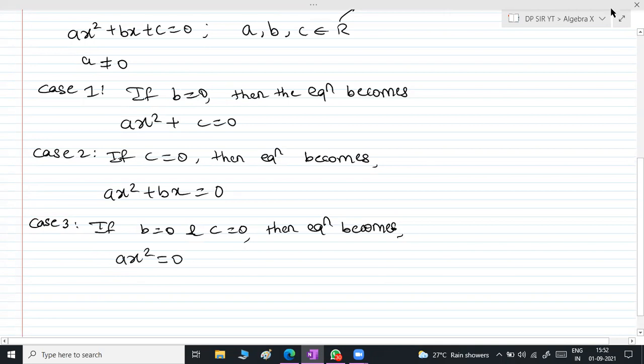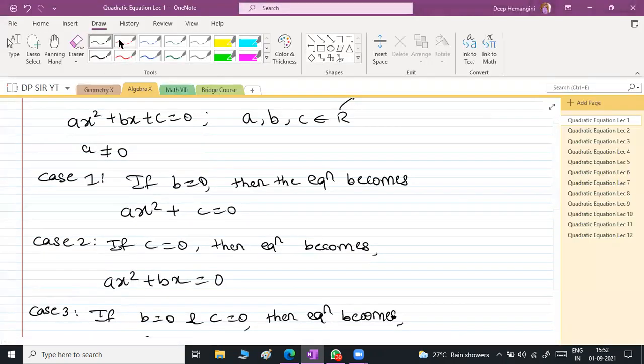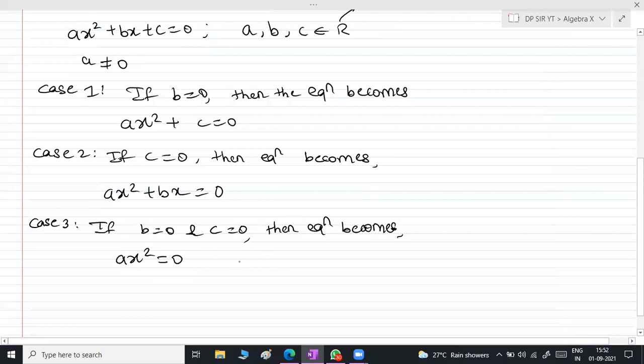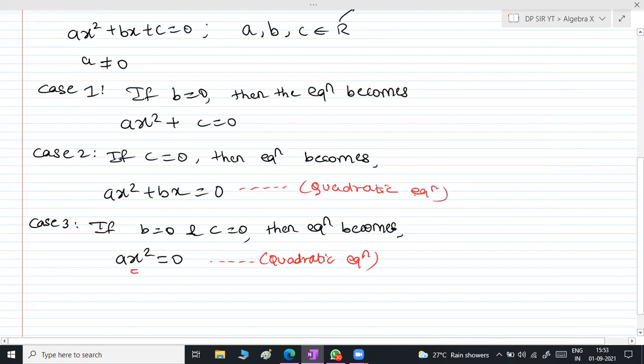Now if you look here carefully, if you pay attention, this is going to be a quadratic equation, since it is having only one variable, that is x, and degree is 2. Similarly, even this is a quadratic equation, isn't it?